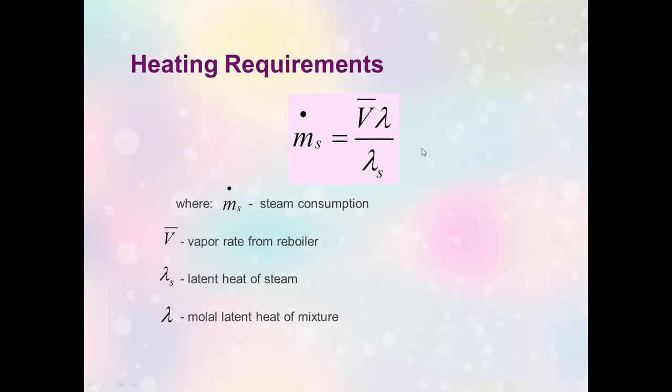So this is the formula in determining the steam flow rate. M_s dot, meaning it's the mass flow rate of the steam. You have the latent heat of the steam, the molar latent heat of the mixture, lambda, and V bar as the vapor rate from the reboiler.